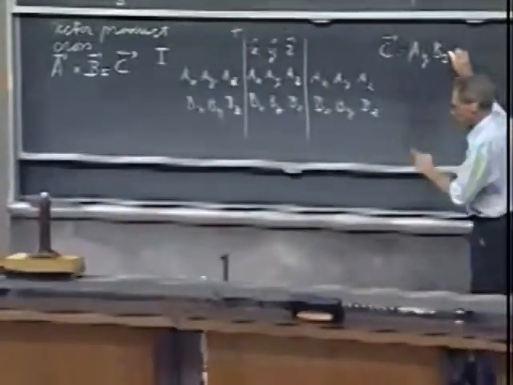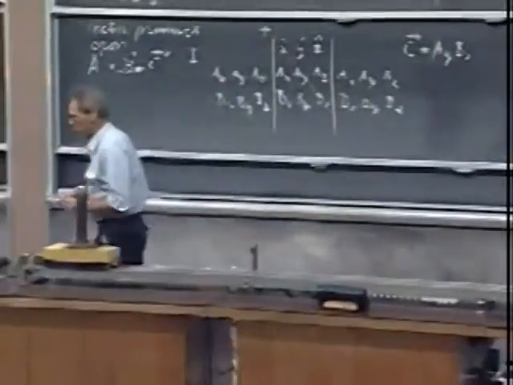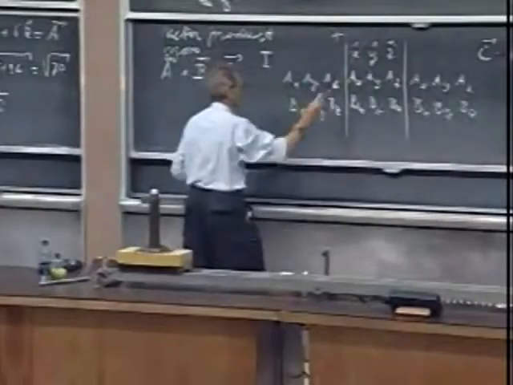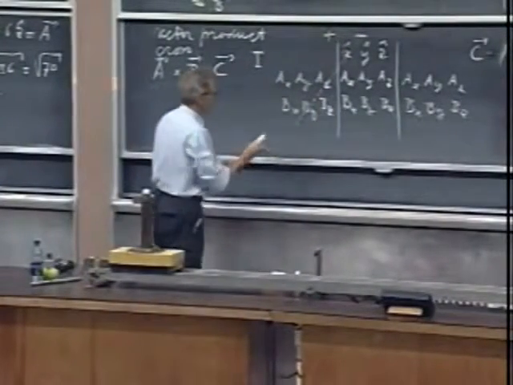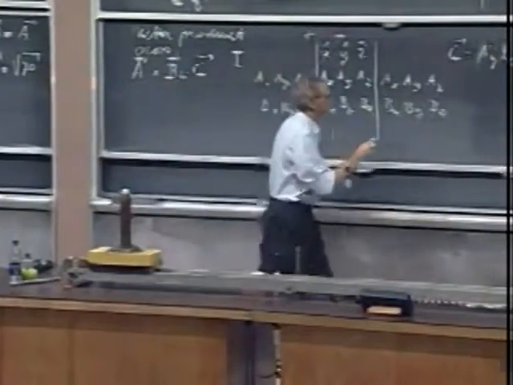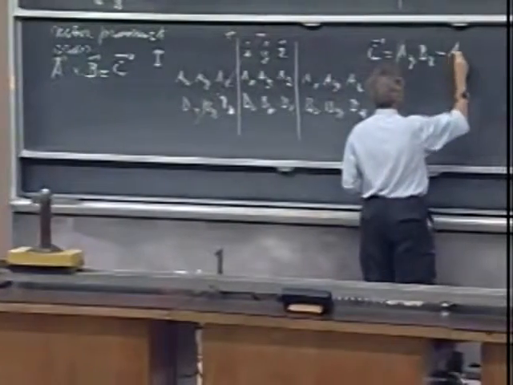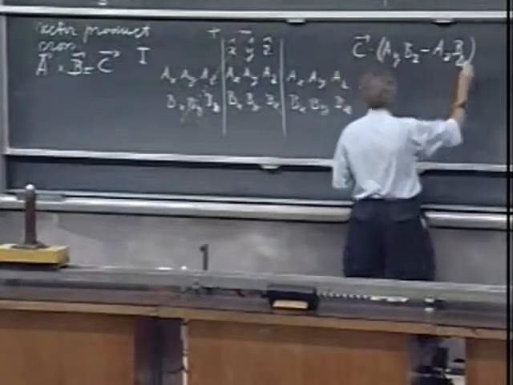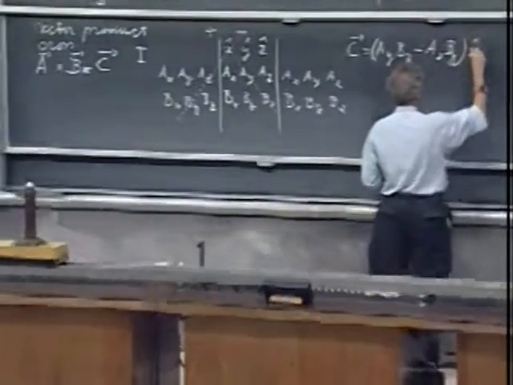But I'm not going to put the X roof in yet, because I have to subtract this one, minus sign, which has AZBY. So it is minus AZBY, and that is in the direction X.